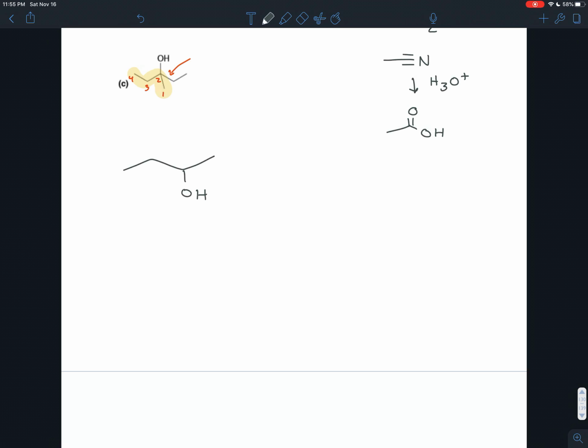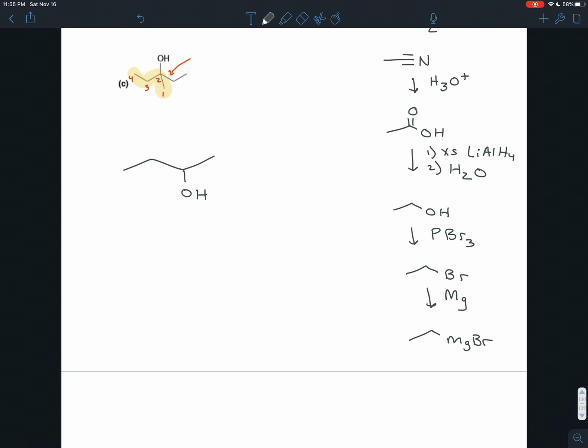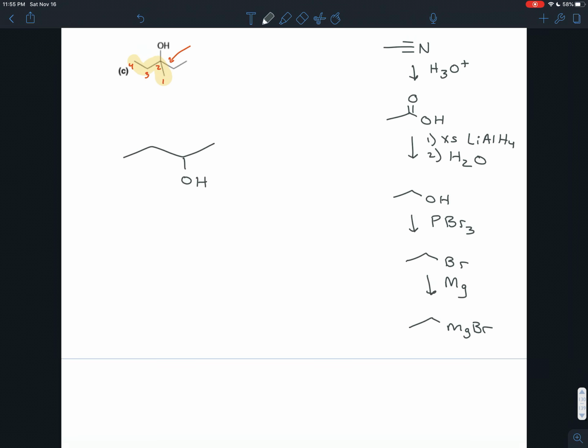And then we need to get rid of all those bonds to oxygen, so we can use excess reducing agent, lithium aluminum hydride, followed by water to stabilize any charges. That gives us the alcohol. Replace the OH with a Br by using phosphorus tribromide, and then dunk some solid magnesium in there. And that gives you your Grignard.